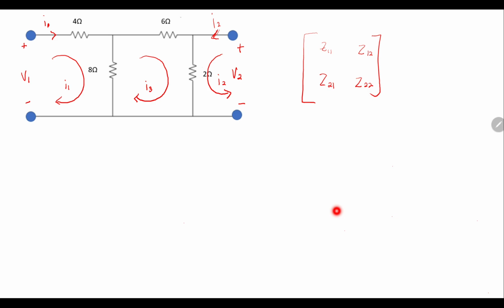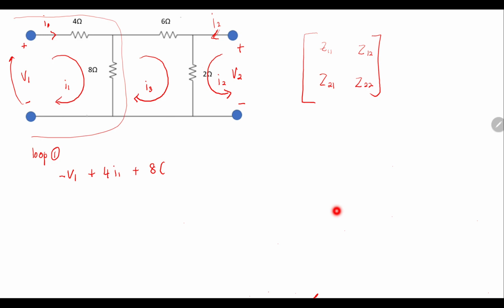Okay, for loop 1, negative V1, which is from here, current flow, plus 4 ohms times I1, which is 4I1, plus 8 ohm times, for this one, it's shared between I1 and I3.